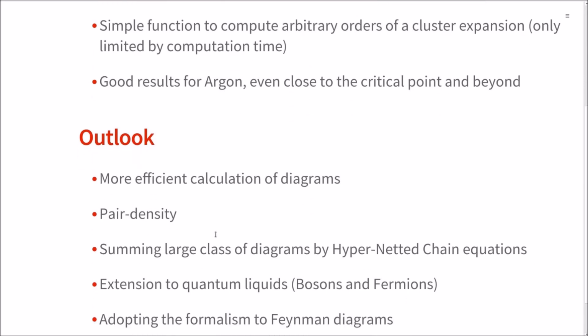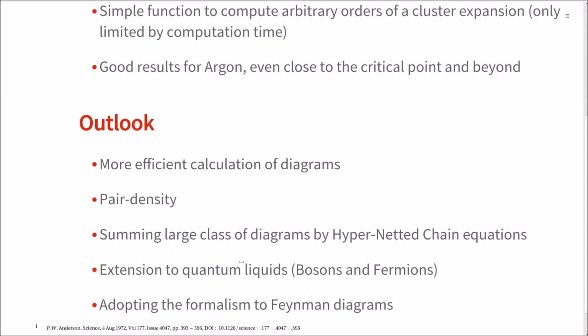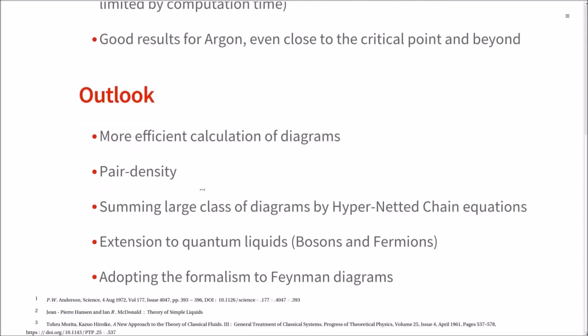So as outlook, some of these calculations can be done much more efficiently, and we could even go to much higher accuracy if we include the Baire density and some other classes of diagrams, which are called hypernetted chain diagrams.